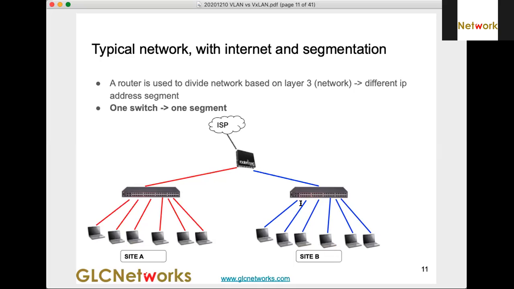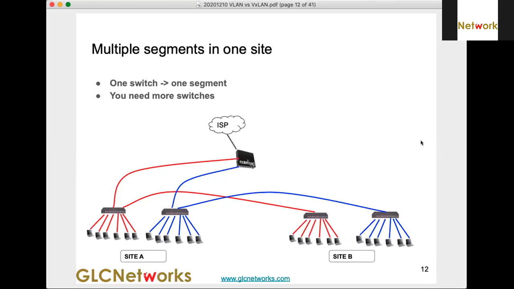So we need to provide physical equipment to accommodate those needs. We have two switches here, one on the left, one on the right, each connected to a router, and this router will connect the two networks. It's very simple, and many organizations applied it.